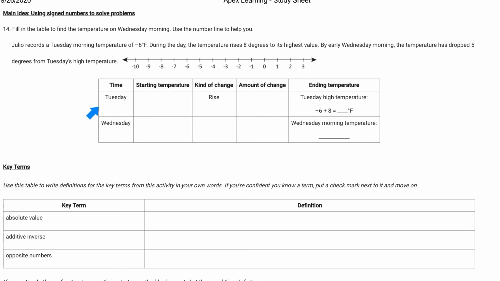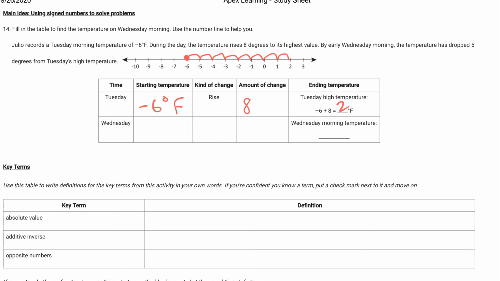So, what is the starting temperature? It was -6 degrees Fahrenheit, and it was a rise in the problem, and the amount of the change was 8 degrees. So this means that you start at -6 and you go up 8. 1, 2, 3, 4, 5, 6, 7, 8, and that result is 2 degrees Fahrenheit.